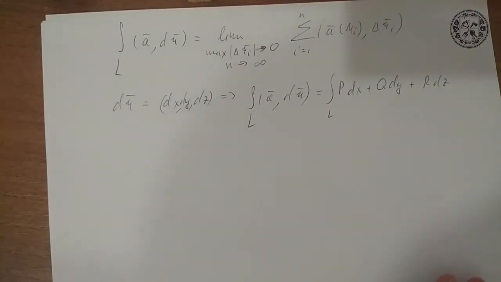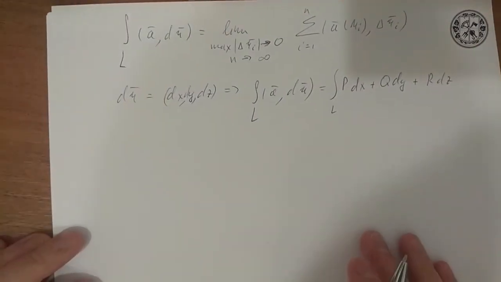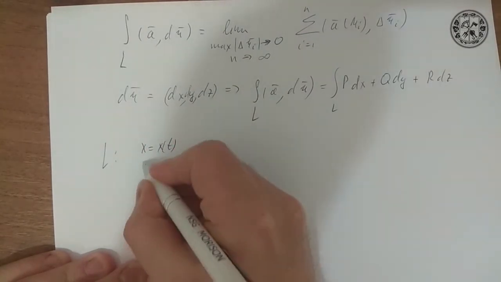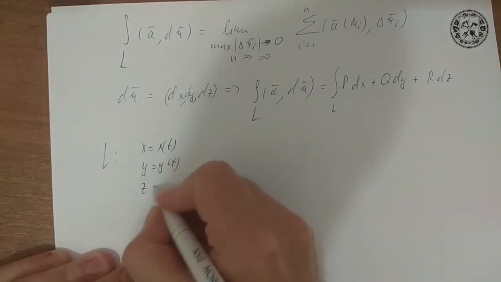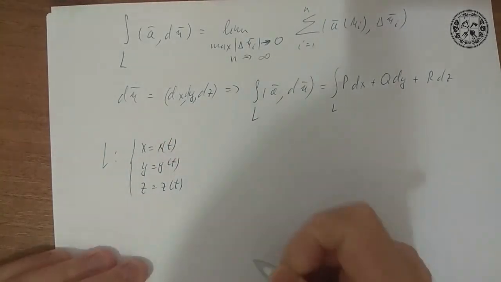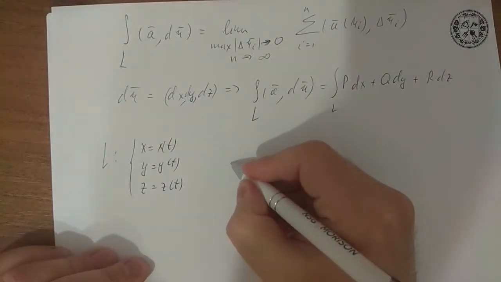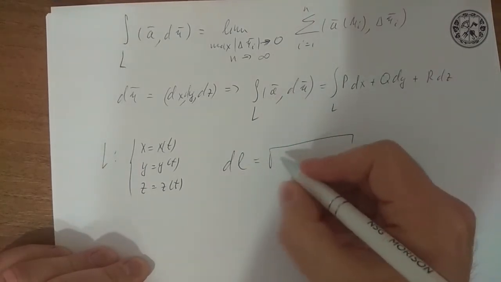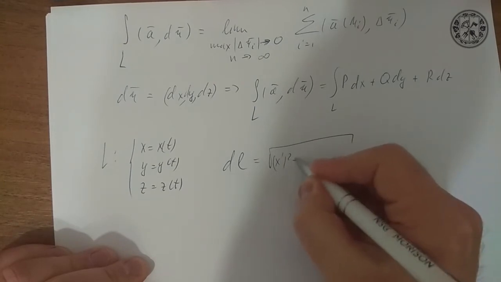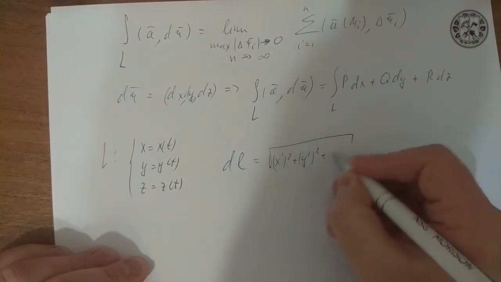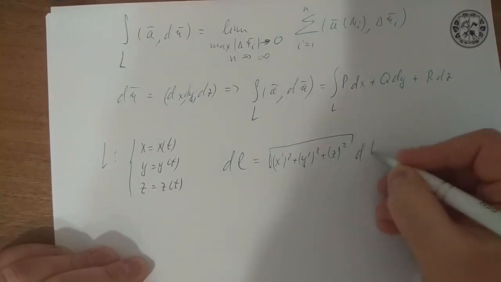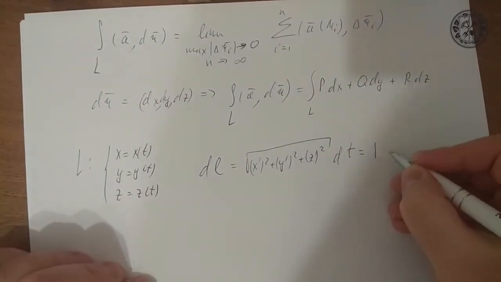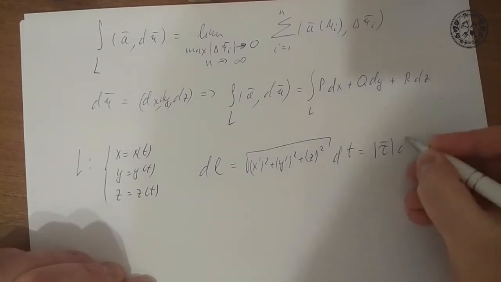If we have a parametric representation x of t, y of t, z of t, then, as we remember, the differential of curve L is the square root of x prime squared plus y prime squared plus z prime squared dt, which we will denote as the absolute value of some vector tau dt.